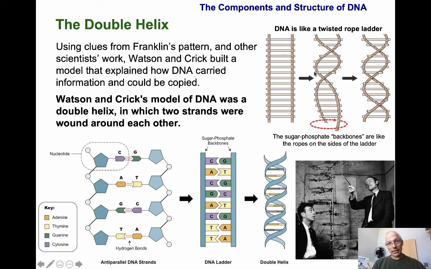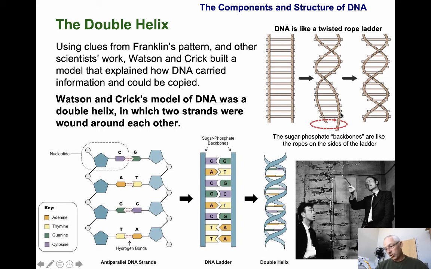So a double helix is like a twisted rope ladder. If you've ever seen a rope ladder thrown over the side of a boat or the side of a building as a fire escape, a rope ladder has the two sides made of rope and the wooden rungs in between. And so you can twist that rope ladder, and this is the way DNA is structured.